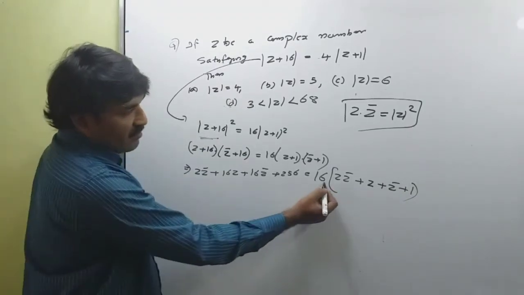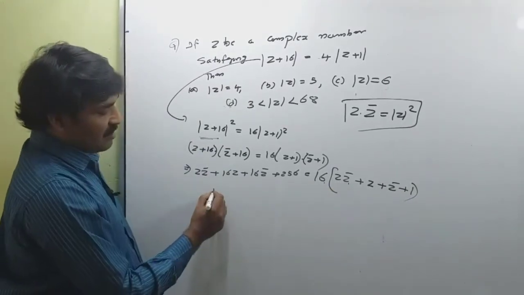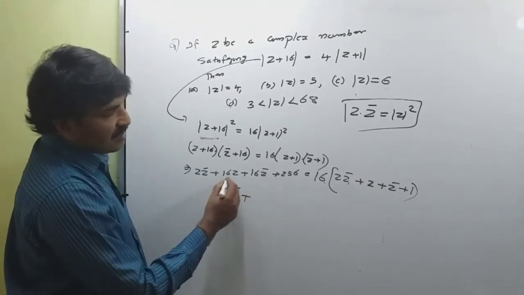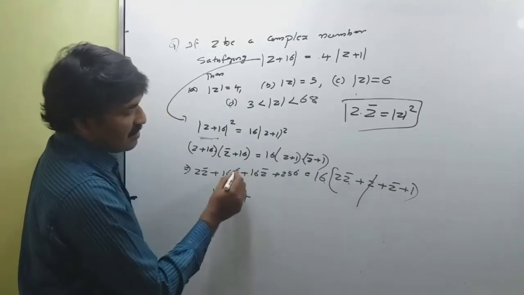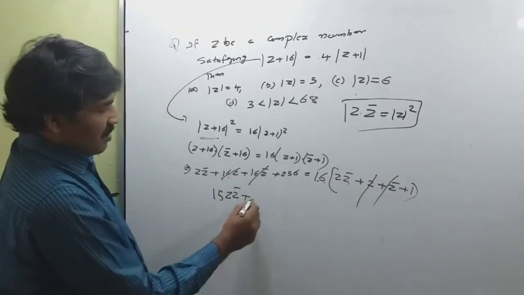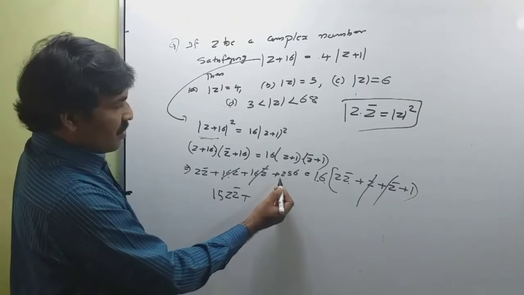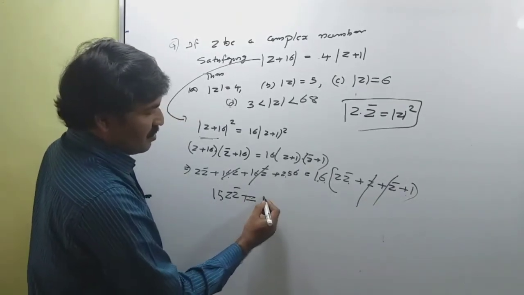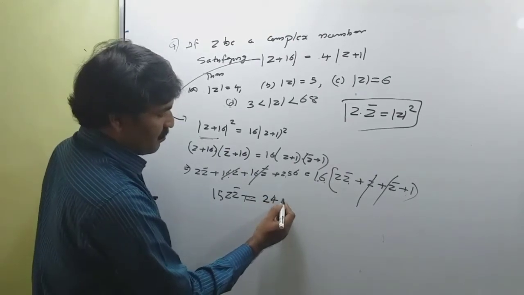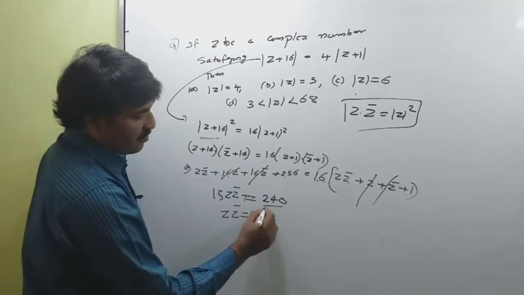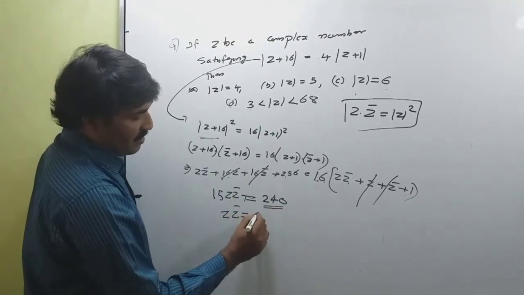That will become 15 z z bar, 16 z here, 16 z here, cancel that. 16 z bar and 16 z bar will cancel. Plus here it is 256, here it is 16. So this is equal to 240, or z z bar is equal to 240 by 15.